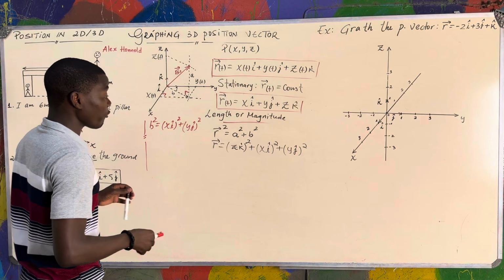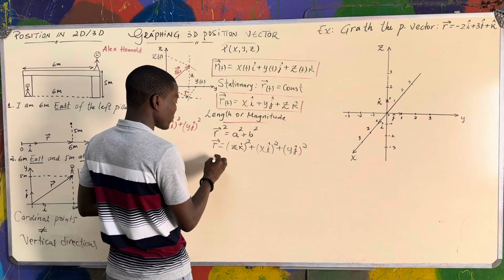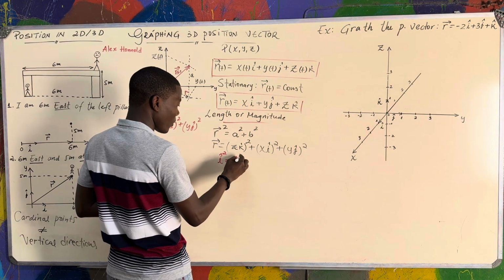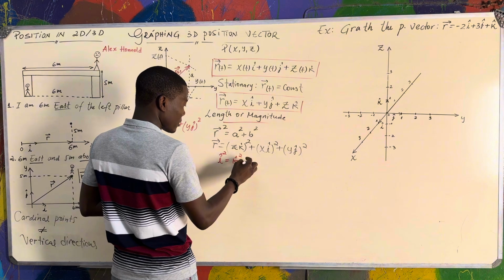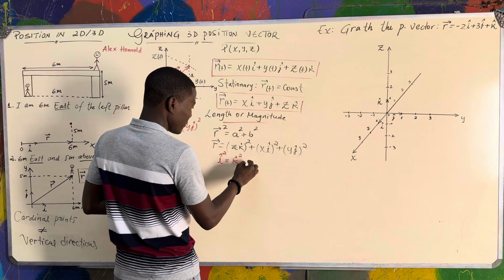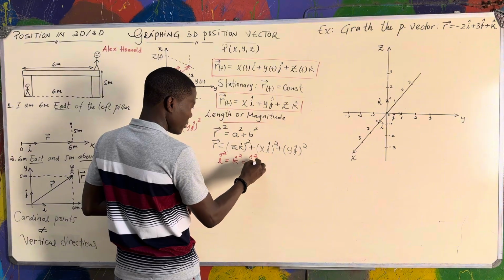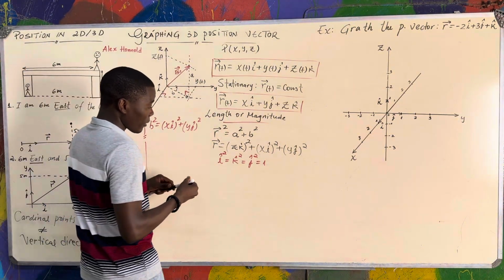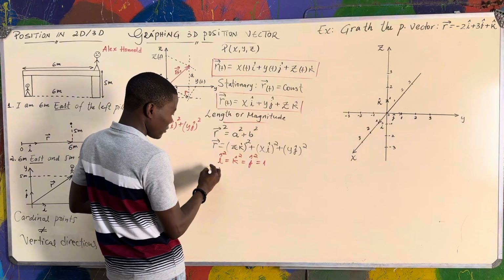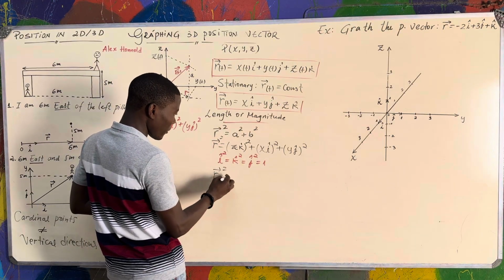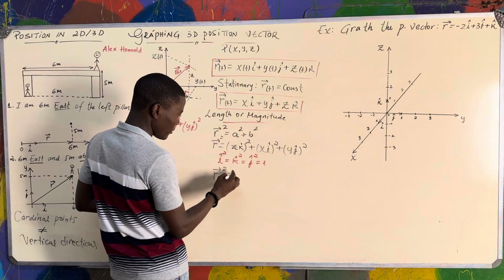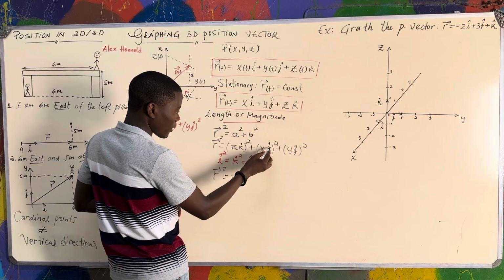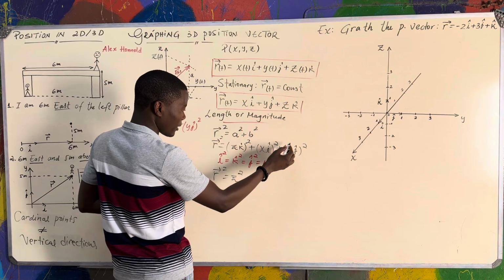But before that, we know from the dot product that i hat squared equals j hat squared equals k hat squared equals 1. So the position vector squared will be z squared, k squared equals 1, y squared, j squared equals 1.